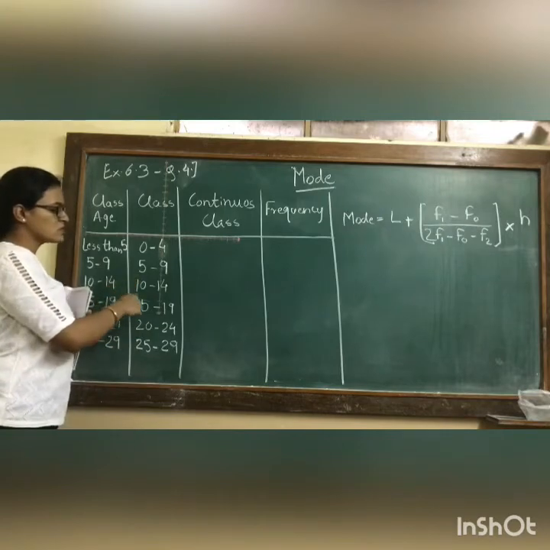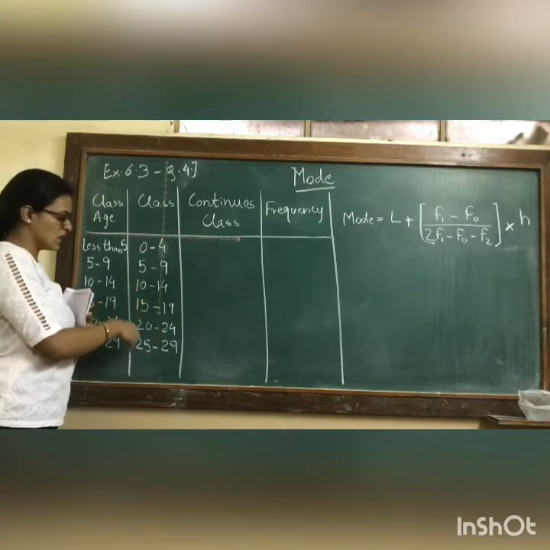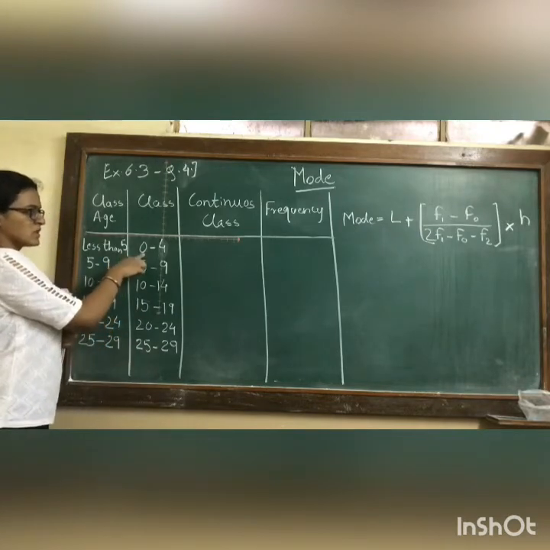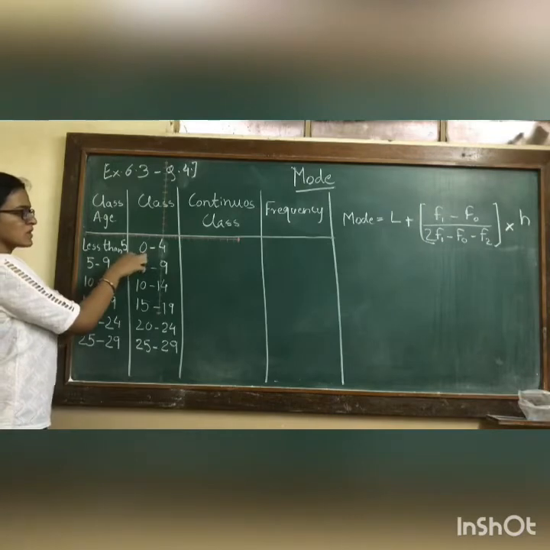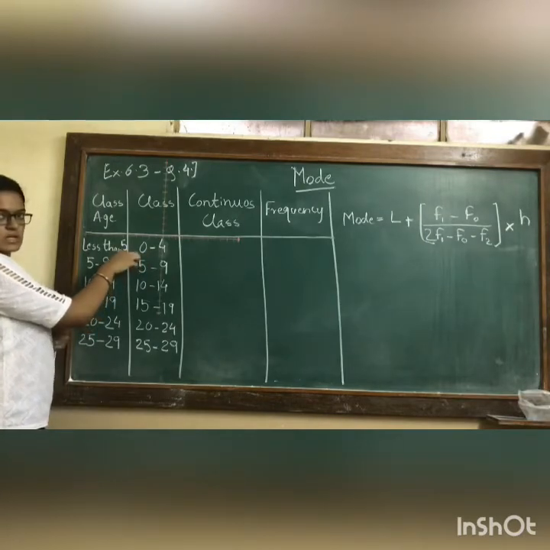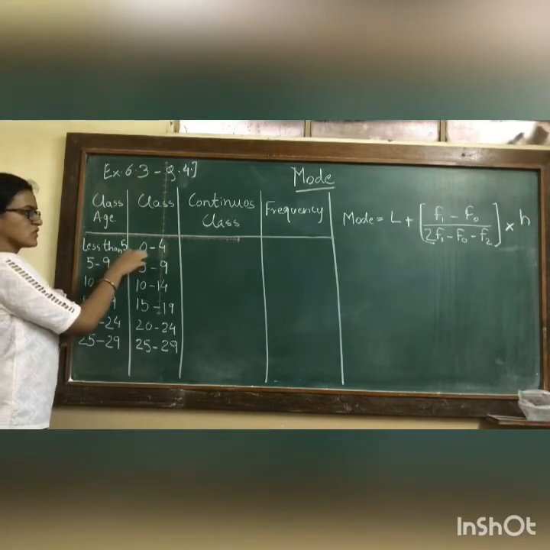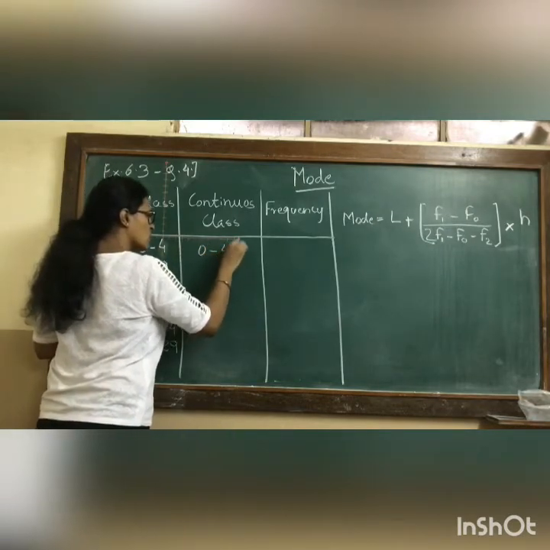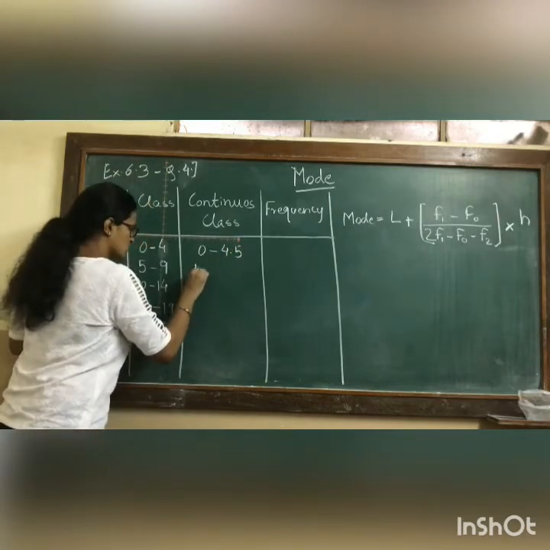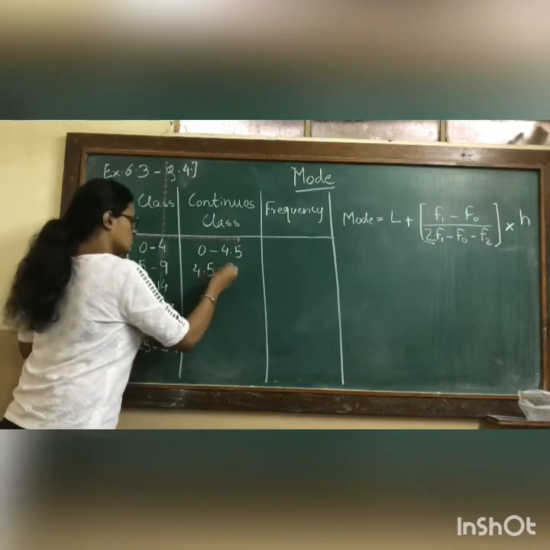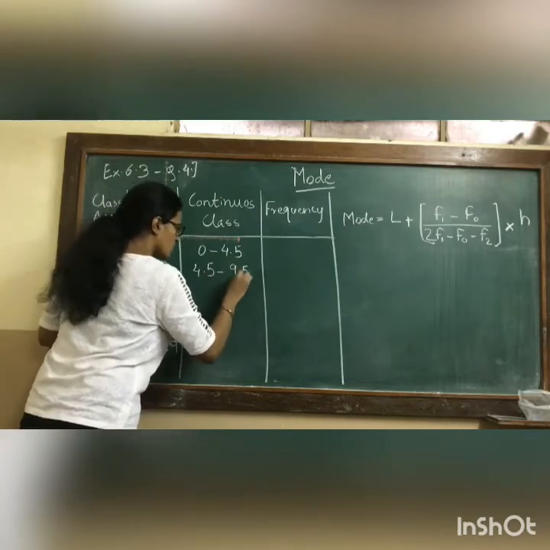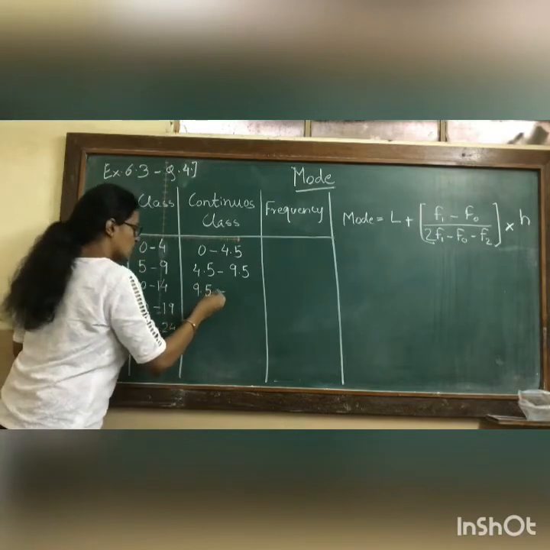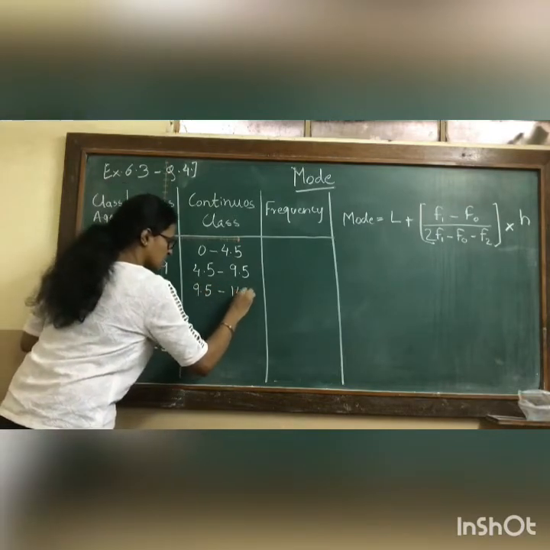So we need to reduce and increase both all these classes by 0.5. However, the first one, that is 0, we will not make it minus 0.5 because the age cannot be negative. So the first class will start at 0 only, and then we will go on increasing or reducing. When it is age, when it is amount, in these cases you cannot have the classes as negative.